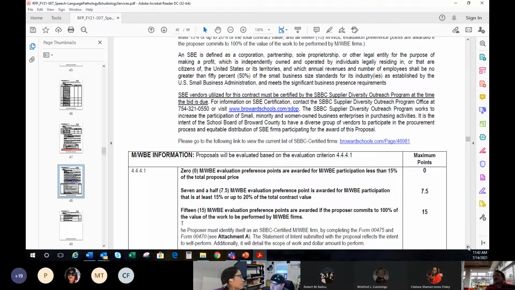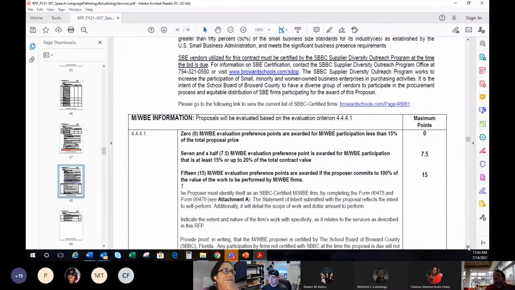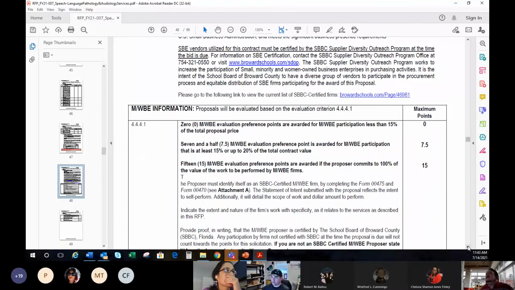So it would be basically part of how much of the order was paid to you regarding the service. And so it provides you the different points on how things will be awarded under the MWBE section of the RFP.